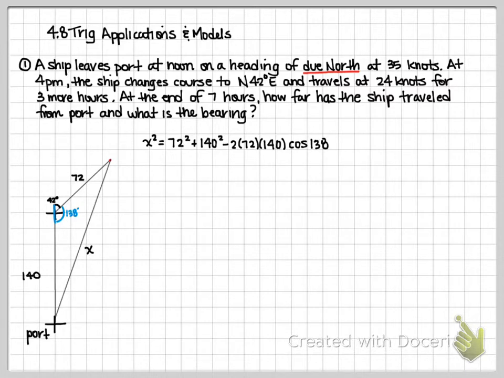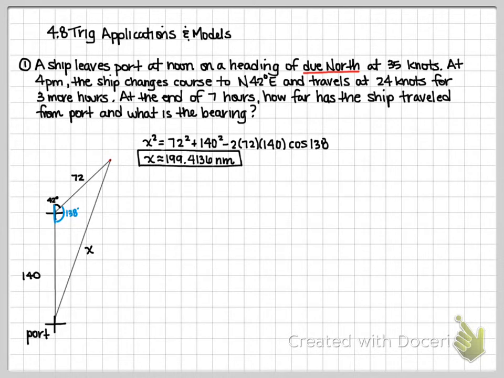Take a second and type this in, and it looks like the x that we should get is approximately 199.4136 nautical miles. This is our distance from the port of departure. So that's how long x is.